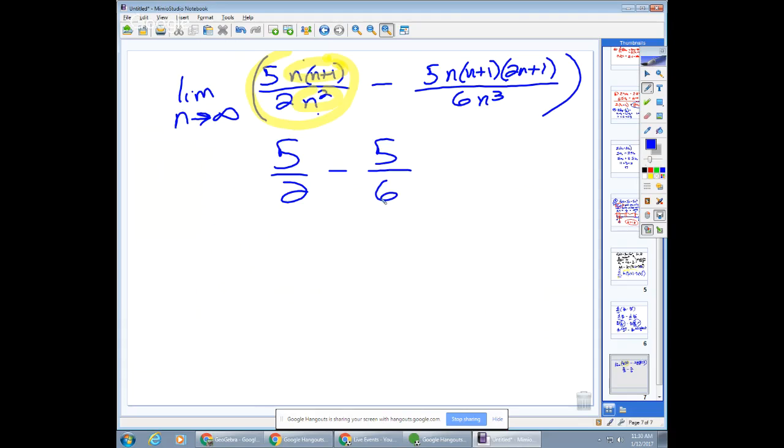We need a common denominator, so I'll multiply this by 3. 15 minus 5 is what? 10/6, which reduces down to what? 5/3. 3 goes in there 1 2/3 times. Or if we rounded to the nearest hundredth, 1.67-ish is about the area under this particular curve, we think.